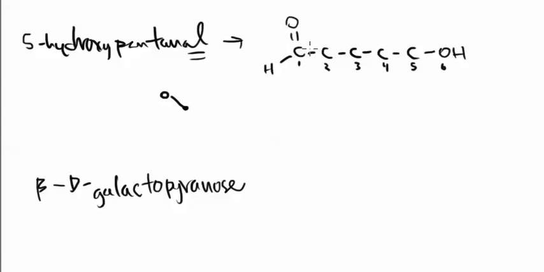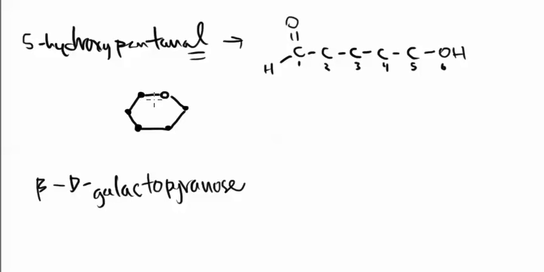This carbon is attached to another carbon, that's here, and that one's attached to a 3rd carbon, so that one's here, and this one's attached to a 4th carbon, that one's here, this one's attached to a 5th carbon, and that's here, and that 5th carbon is the one that has the oxygen that connects in the ring. So there is the ring structure.